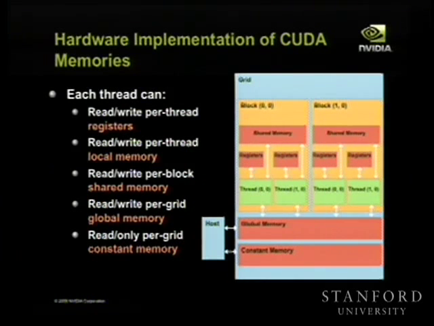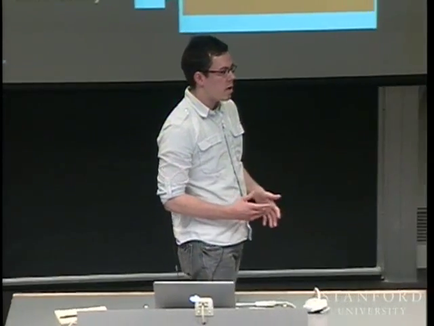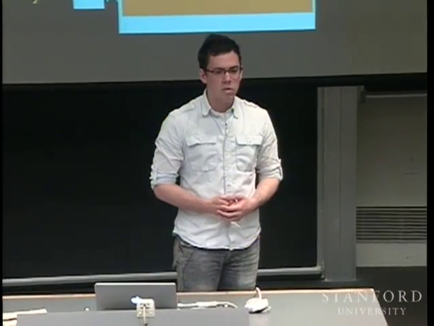Moving up the memory hierarchy, we have the idea of a per-block shared memory. The reason shared memory is interesting is because it allows intra-block communication. This is a memory space that different threads in the same block can use to talk to each other.